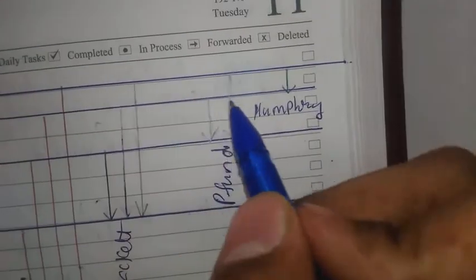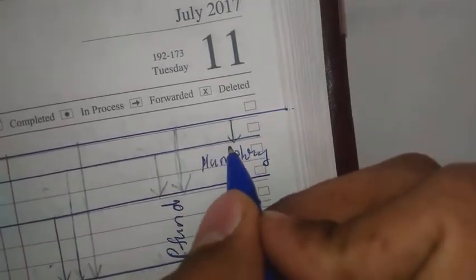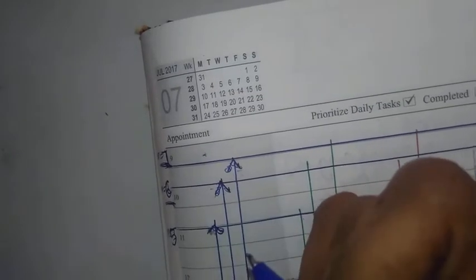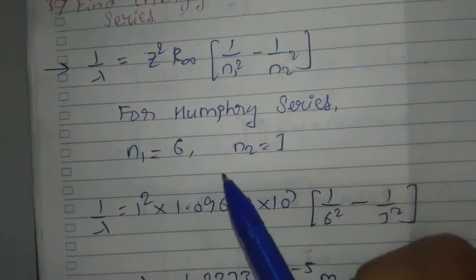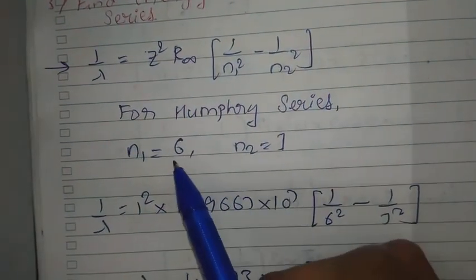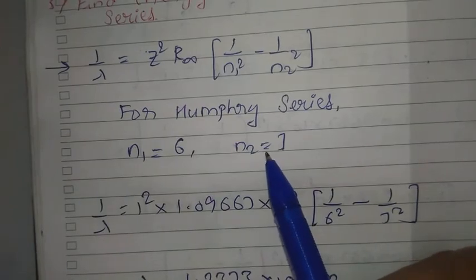You can see that for the Humphrey series there is only one emission, which is falling from n equal to 7 to n equals 6. So the values of n1 and n2 will be 6 and 7 for the Humphrey series.